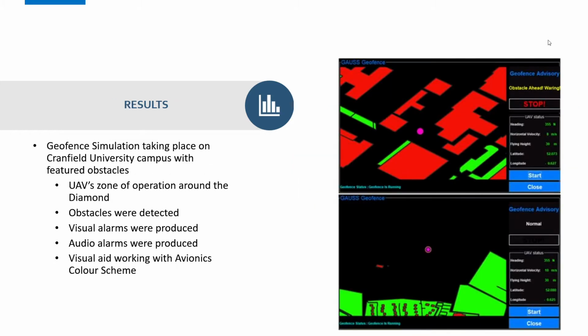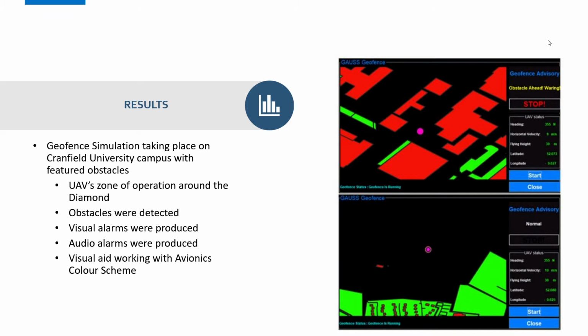Now, our results, which we derived from our findings at Cranfield University, we found that the UAV's zone of operation detected obstacles. As you can see, the red zones are buildings.